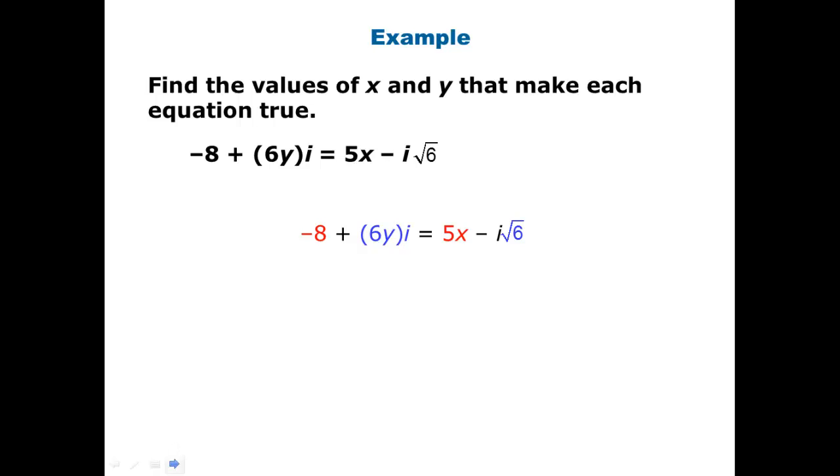Alright, here's an example. Find the values of x and y that make each equation true. We have negative 8 plus 6yi equals 5x minus i root 6. Think back to what we need. We need the real parts to be the same, and we need the imaginary parts to be the same.